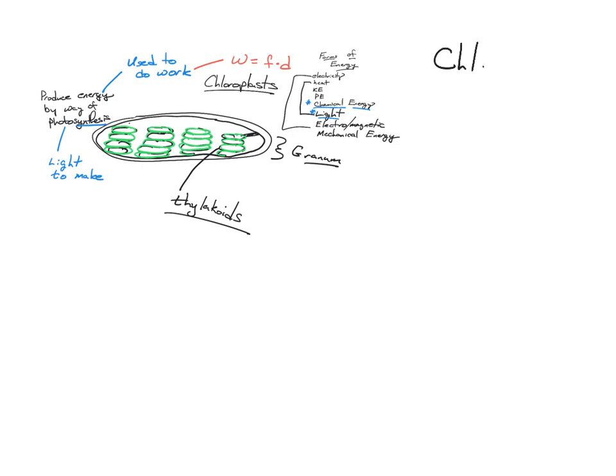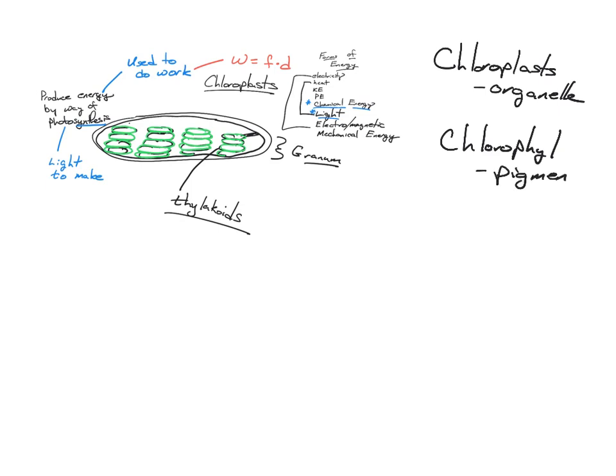So chloroplasts are the organelle. And chlorophyll is the pigment. What do pigments do?